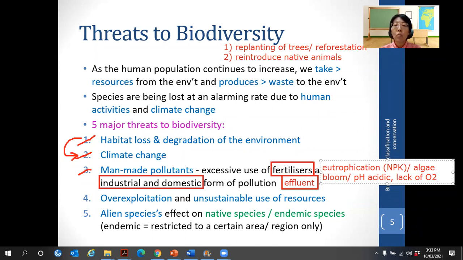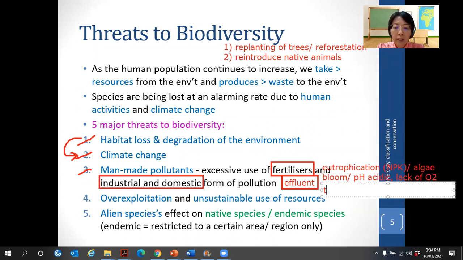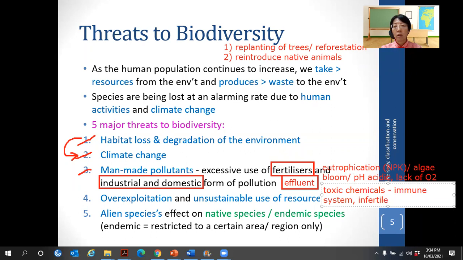So when these fertilizers are being washed away, that's the effect of the fertilizer. And the effect of the effluent is all the toxic chemicals, okay, and when they are released into the water, it will affect the survival of maybe the fish. It may actually reduce their immune system, so it becomes weakened, or they become infertile. All right, so that is the effect of toxic chemicals on them.